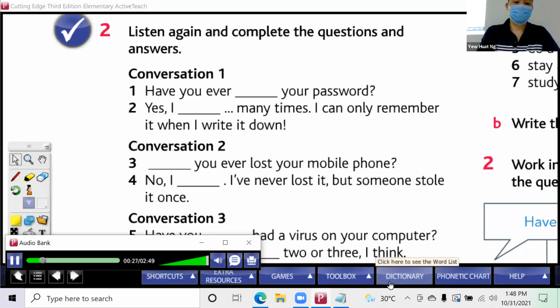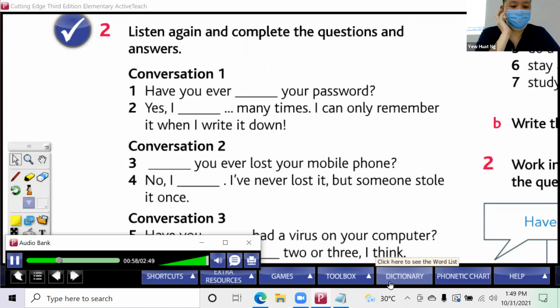And do you have the same password for them all? Well, I've got nearly the same password, but it's not exactly the same for every account. Have you ever forgotten your password? Yes, I have, many times. I can only remember it when I write it down. I know what you mean. I always write my passwords down too. It's probably not very good to write them down, I suppose, but I'm sure most people do.